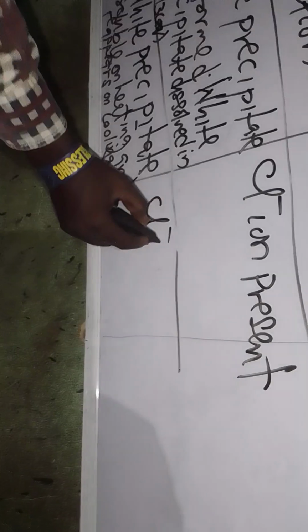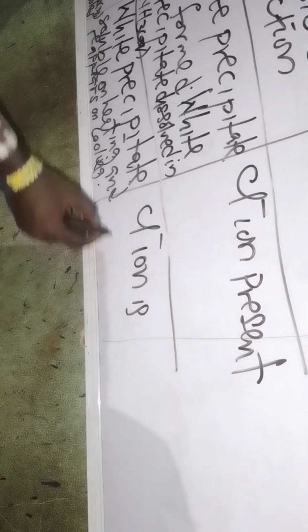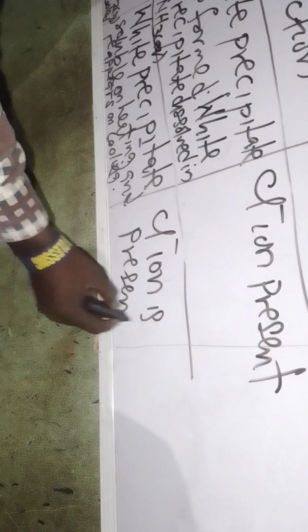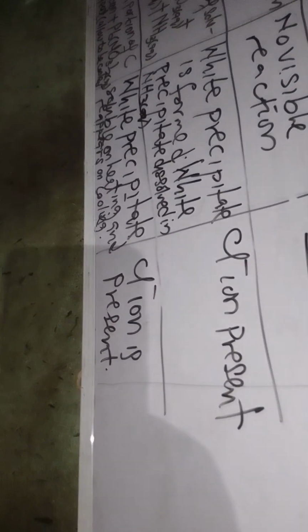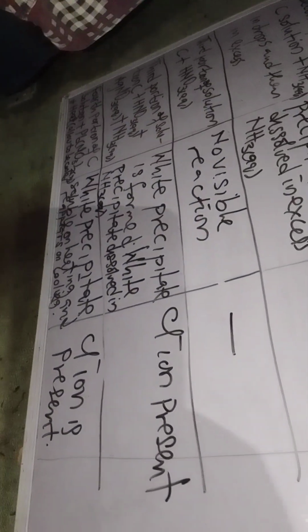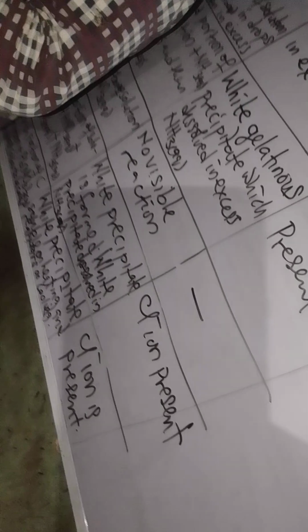When it does, chloride ion is present. Let's try to heat this one. Watch me as I heat. This is my boiling tube holder.